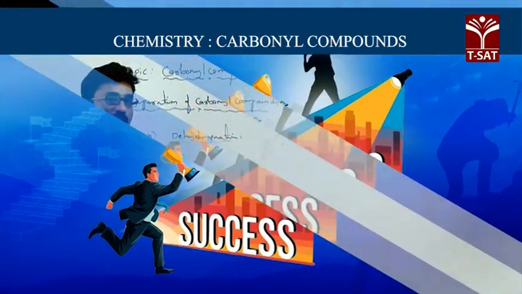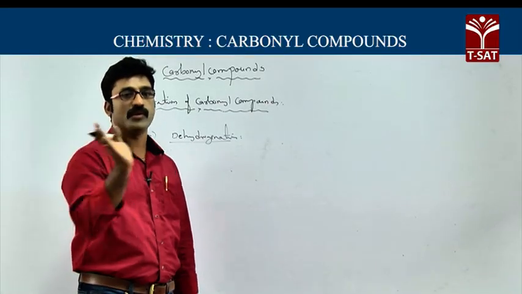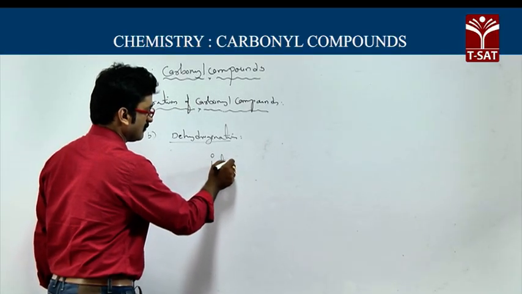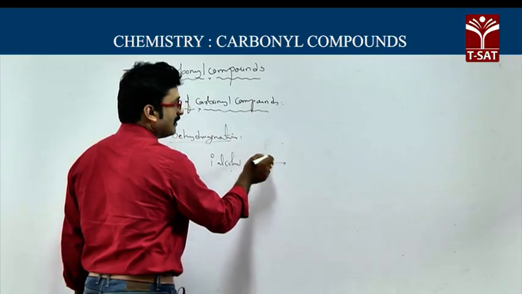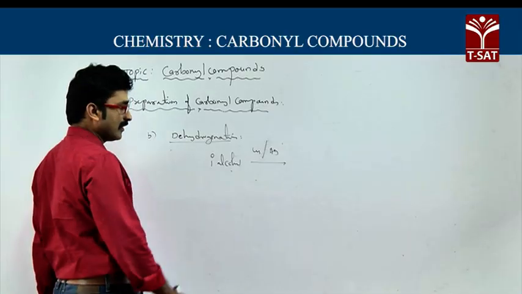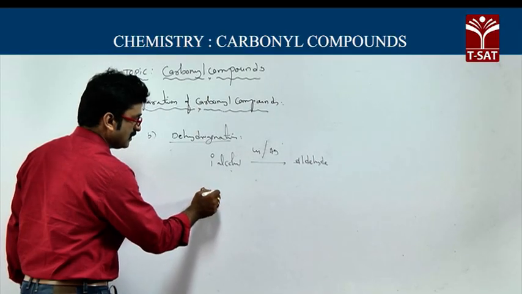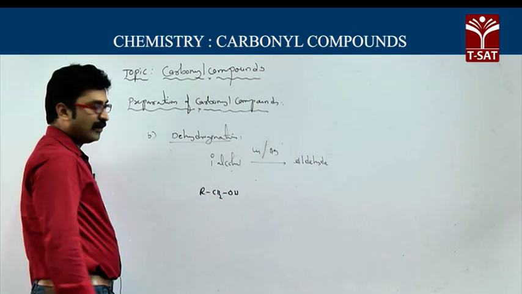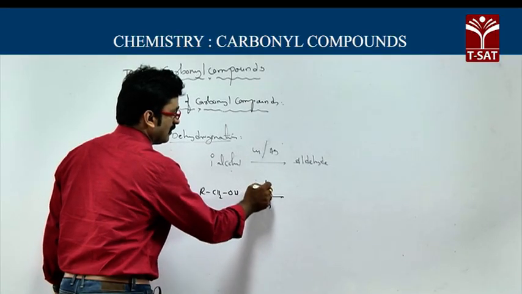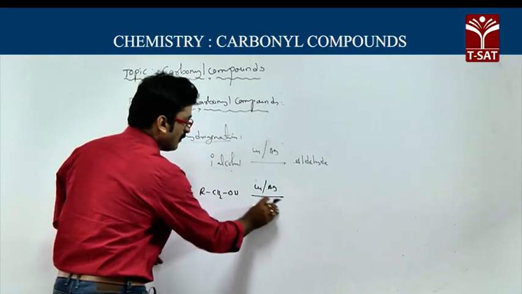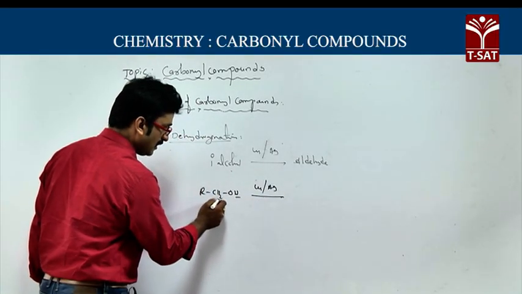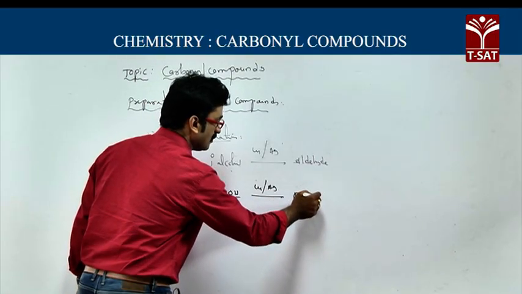Dehydrogenation is nothing but the process of removal of hydrogens. Here, primary alcohols on dehydrogenation in the presence of copper or silver will give an aldehyde. Where CH2OH is there, it removes hydrogen from this, so you will get R-CHO and hydrogen.